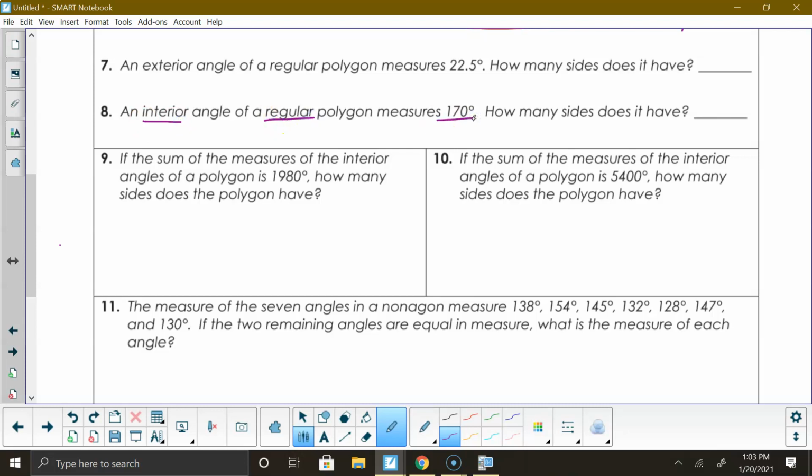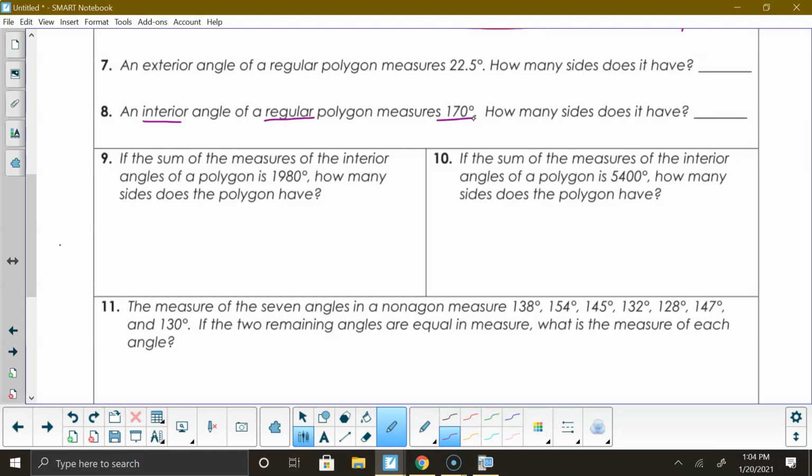All right, so there's a couple of different ways you can handle this. But first we got to figure out which formula we need to use. S, R, or E. I would go R because they tell you it's a regular polygon.